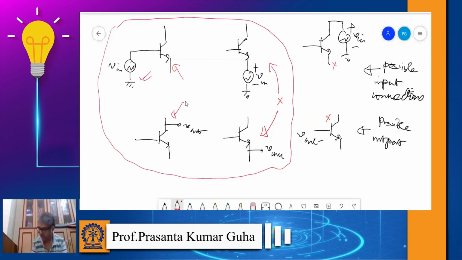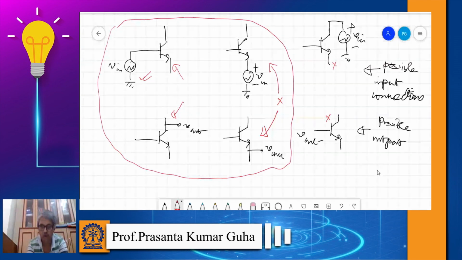So what we will do in the next class, we will start our discussion with the simple CE amplifier circuit.